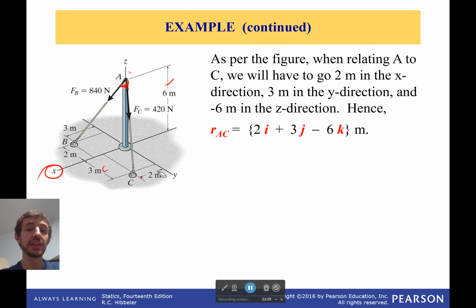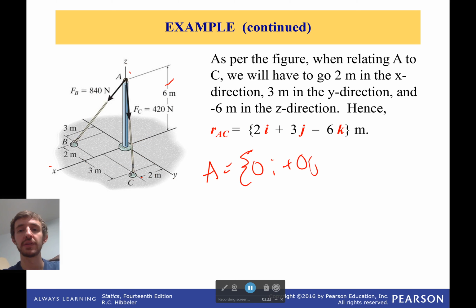I could have also done it the long way and made a position vector for each of those two from the origin and then subtracted them. So A would have been 0i plus 0j plus 6k meters.